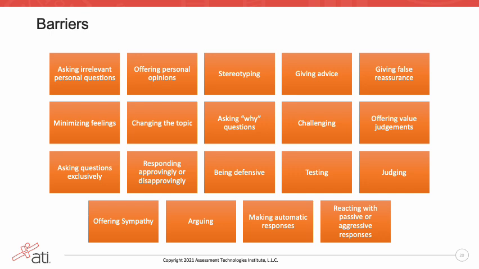These could include asking irrelevant or personal questions, offering personal opinions, stereotyping, giving advice, giving false reassurance, minimizing feelings, changing the topic, asking why questions or asking for explanations, challenging, offering value judgments, asking questions excessively and probing excessively, responding approvingly or disapprovingly, being defensive, testing, judging, offering sympathy, arguing, making automatic responses, and reacting with passive or aggressive responses.